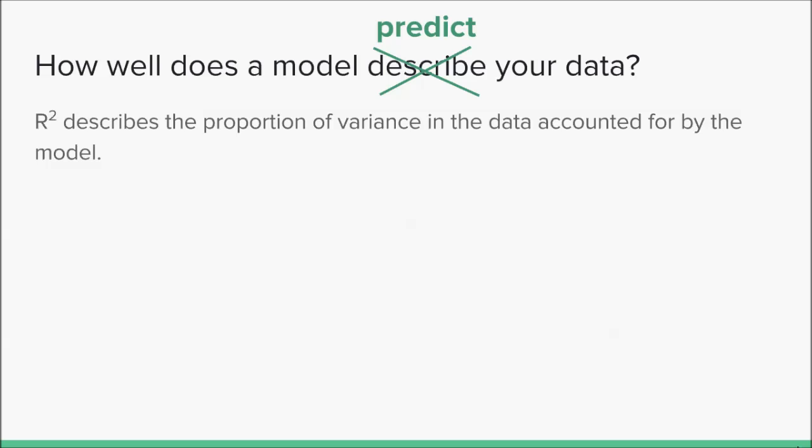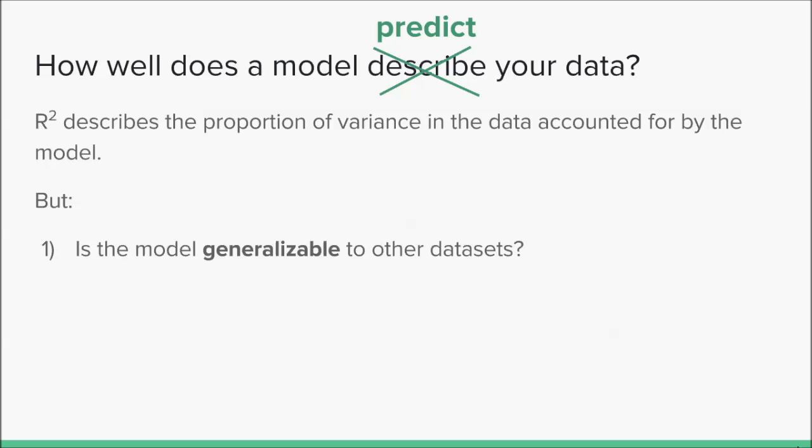So you might have remembered from Vlad's lectures that you get an R-squared value when you fit something like a linear model. And the R-squared value describes a proportion of the variance in the data accounted for by the model. And it is a descriptive measurement of this fact. But you really want to know whether the model generalizes to other data sets.